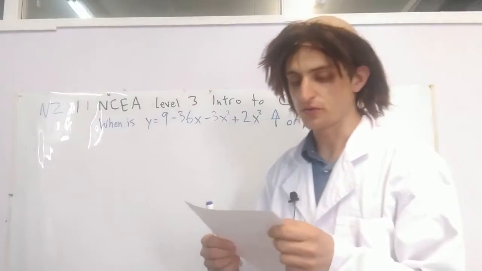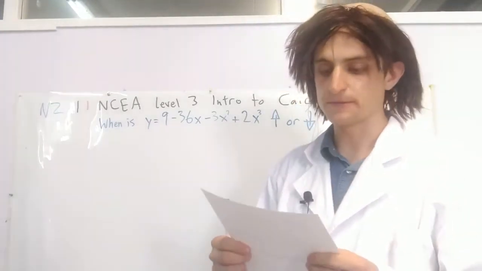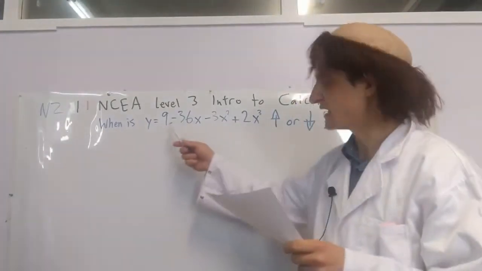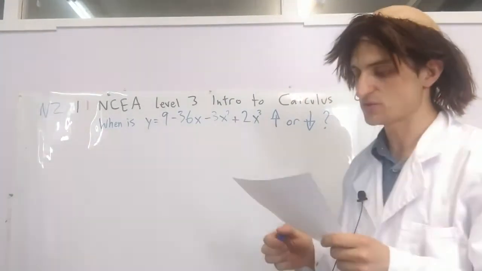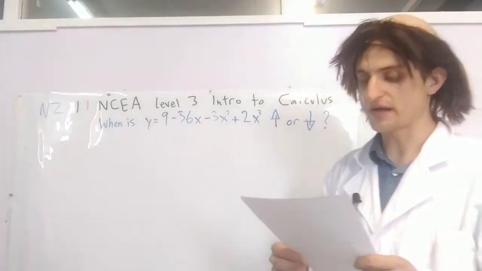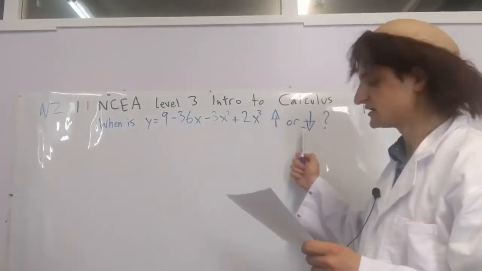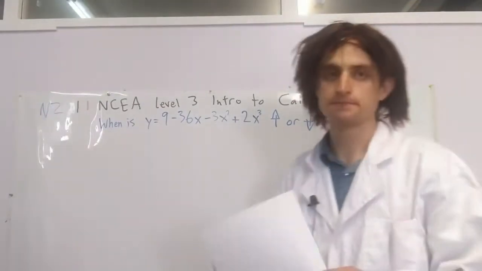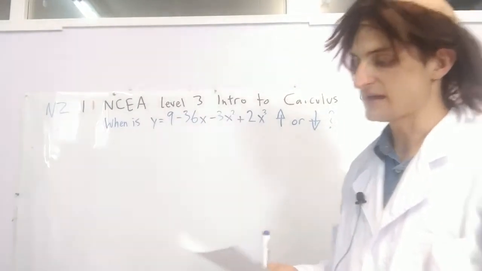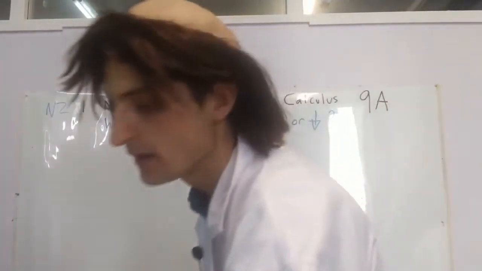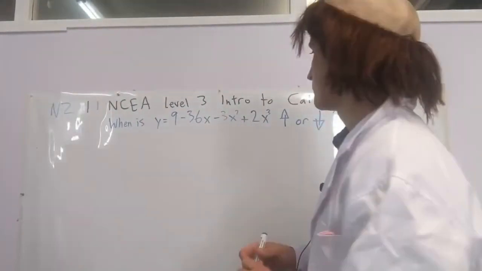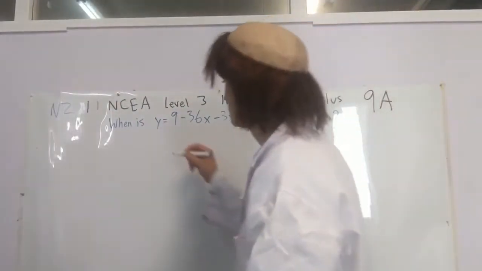Question number 2. When is the function f of x equals 9 minus 36x minus 3x squared plus 2x cubed increasing or decreasing? To figure that out, we have to take the derivative. I assume you know the power rule.